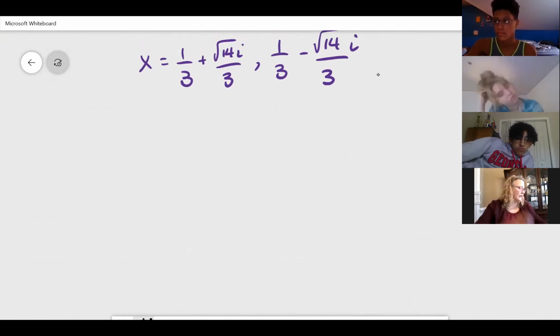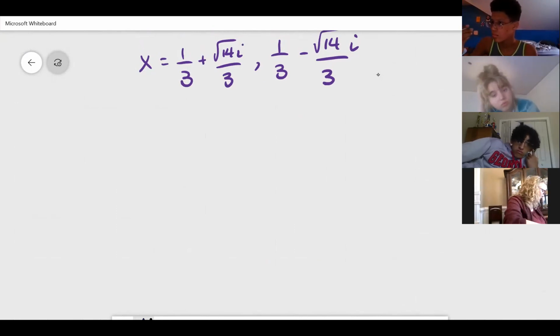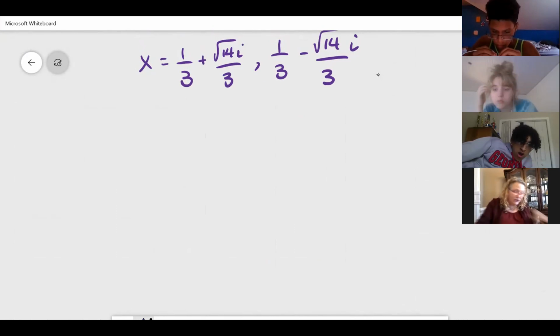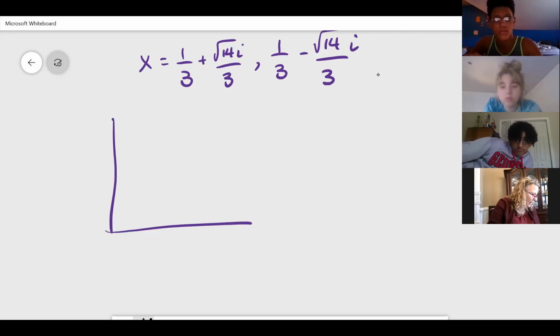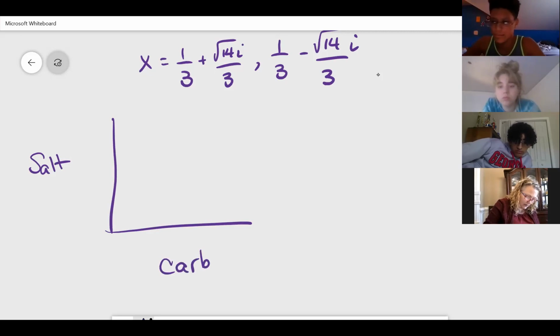Okay. And if you wind up in your book looking for lesson 72, they give you a diagram, a chart where you have salt and you have carbon. And over here, you've got say 40, and then 80, and then 120, and 160.